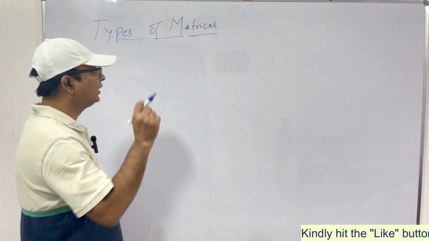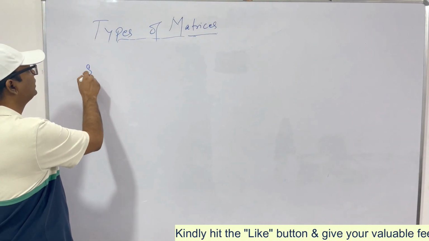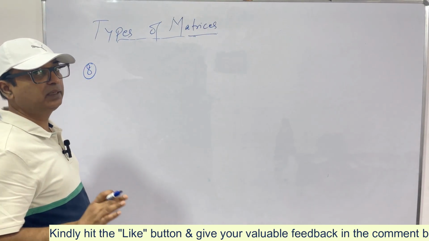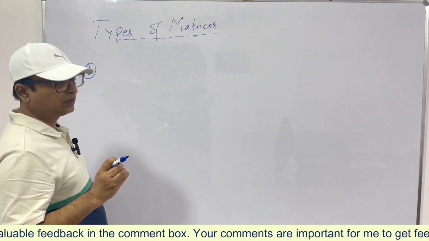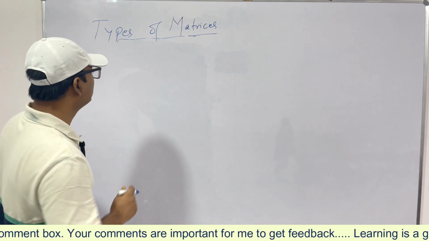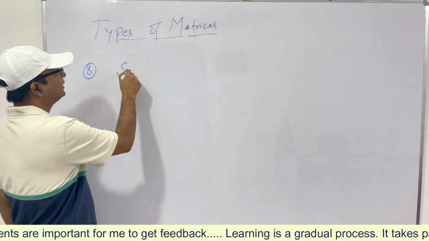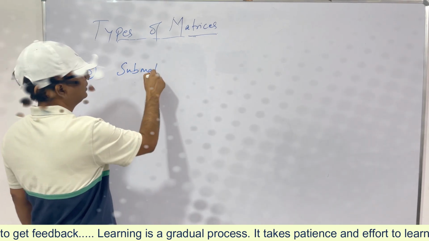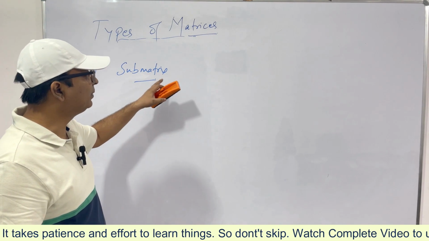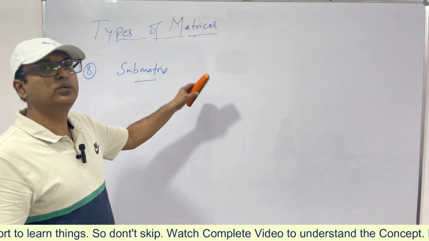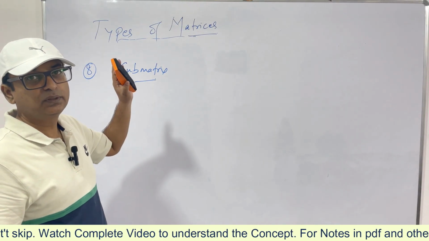Clear? We'll see one more matrix, the eighth one, that you won't find in your elementary textbook. But if you go a bit beyond your textbook, you'll find one more matrix that's called a submatrix. A submatrix is found by omitting a few columns or a few rows or both.